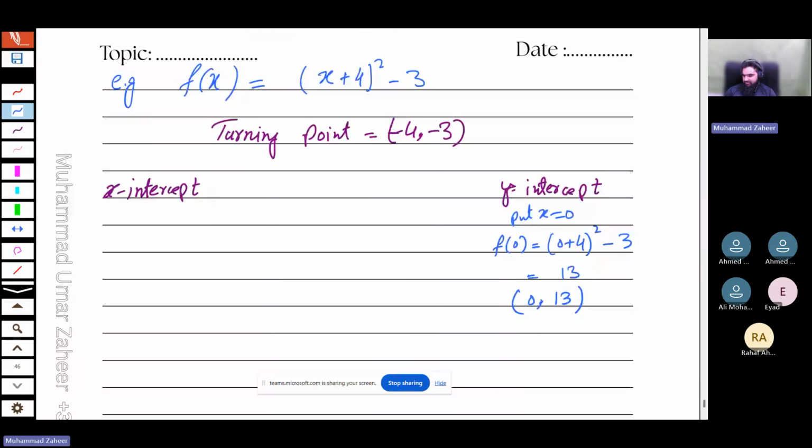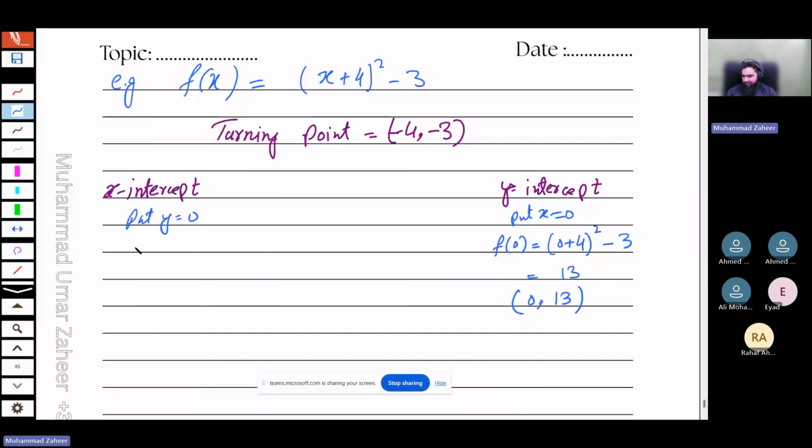Now I think there are no x-intercepts. Let's check. Let's substitute y is equal to 0.